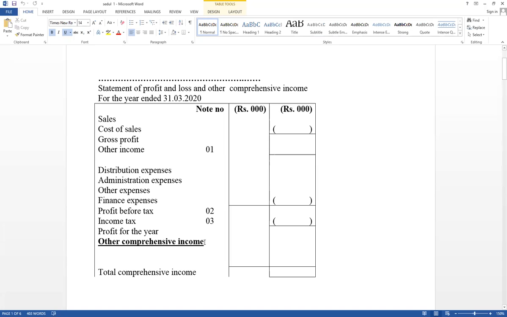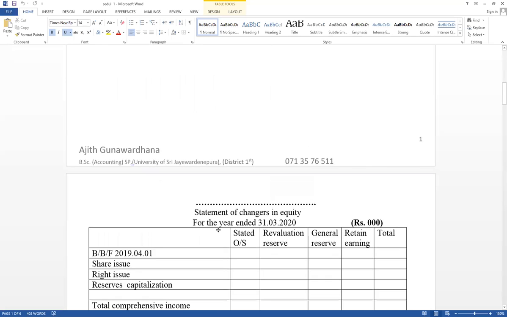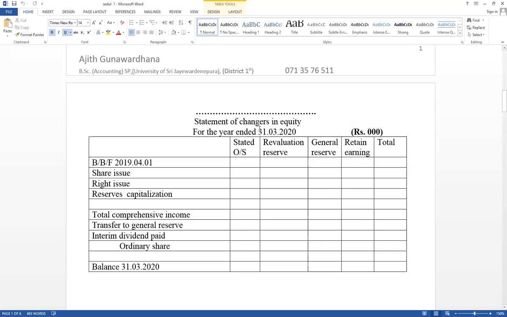And separate notes. Notes also are one of the financial statements. And think about other comprehensive income. Other comprehensive income should be included if it has given revaluation profit. Therefore, we have discussed already how to prepare statement of profit and loss and other comprehensive income. And changes in equity, this part I will discuss today.